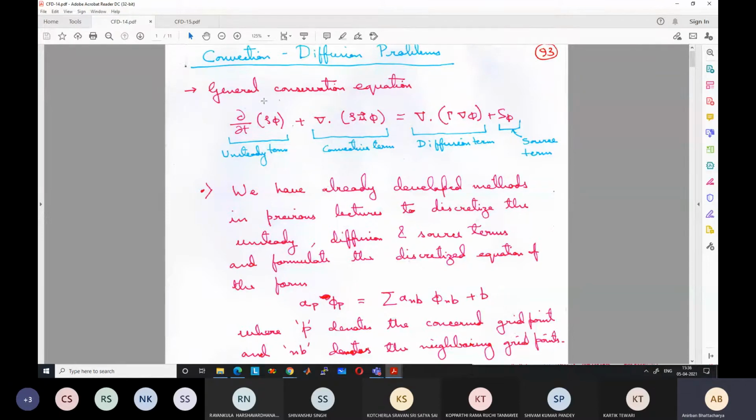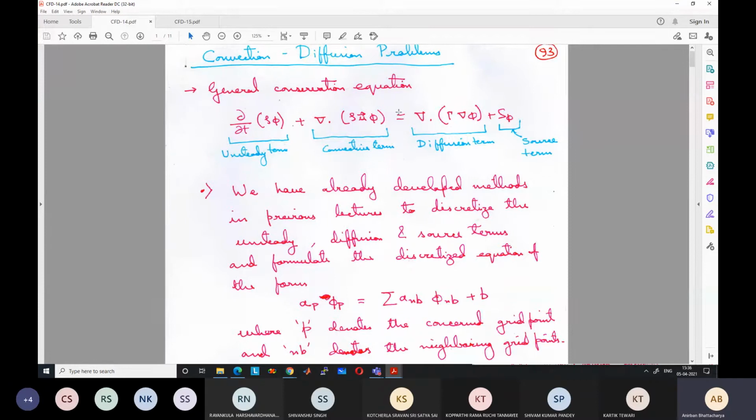So if you consider the general conservation equation, we have four terms: the unsteady term, the convective term del dot rho u phi, then the diffusion term del dot gamma del phi, and then the source term. Out of these terms, we had previously discussed before the midsem and in the last few weeks how to discretize the diffusion term.